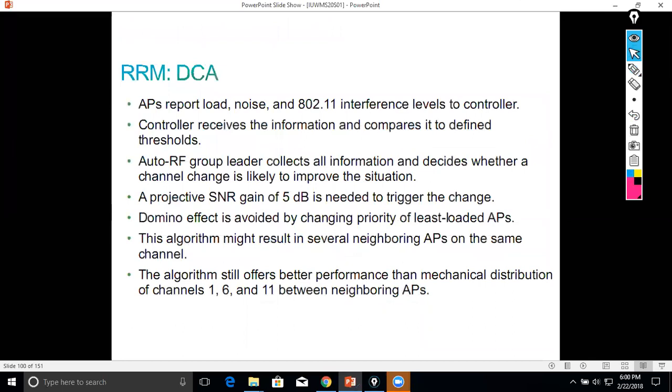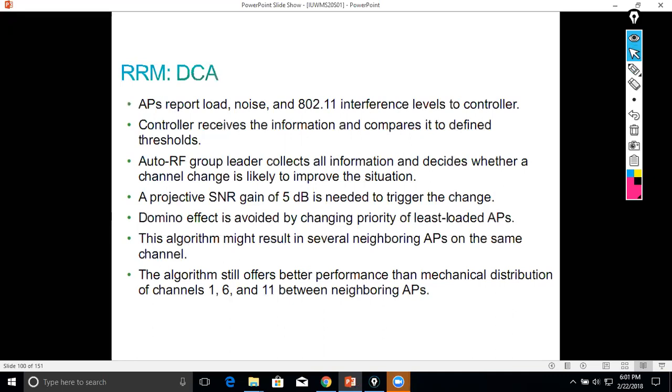The first major part of RRM is DCA, dynamic channel assignment. What does dynamic channel assignment mean? APs report load, noise, and interference levels to the controller. The controller receives the information and compares it to defined thresholds. The auto RF group leader collects all information and decides whether a channel change is likely to improve the situation; a projected SNR gain of 5 dB is needed to trigger the change.